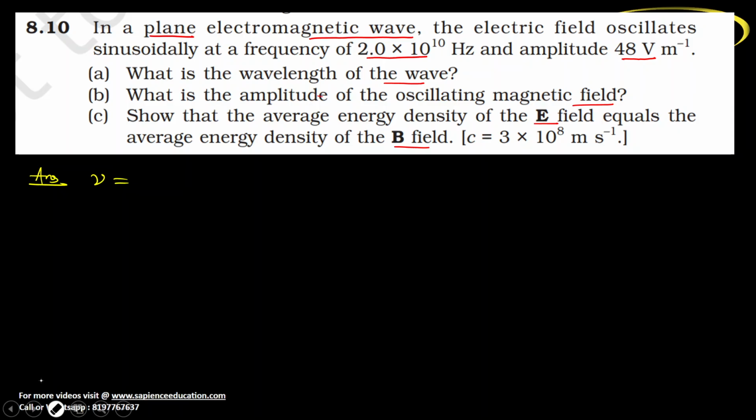They have given 2 into 10 to the power 10 hertz as the frequency, and the amplitude of the electromagnetic wave's electric field, that is E, they have provided as 48 volt per meter, because they have provided the amplitude of the electric field, not the magnetic field, right?